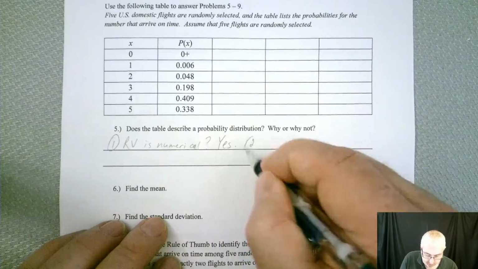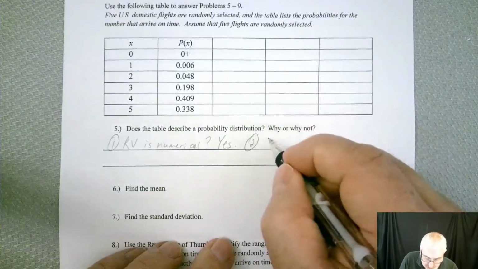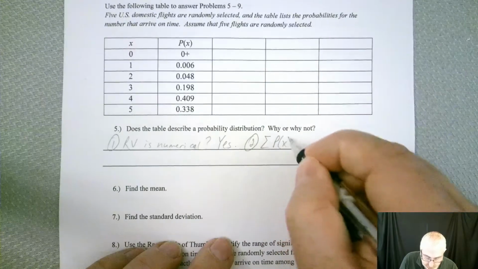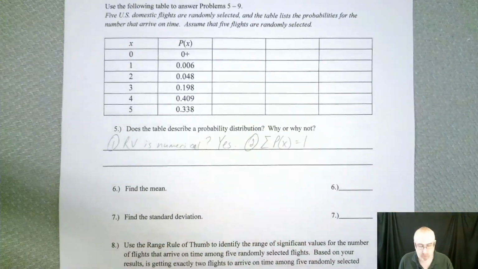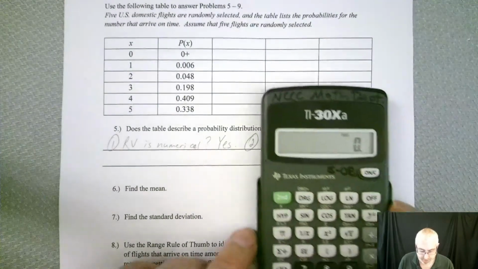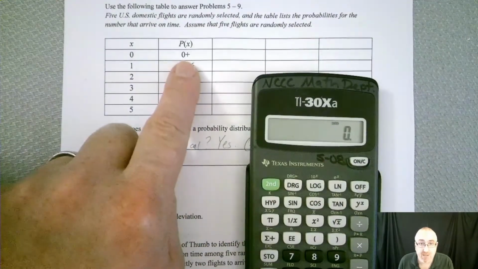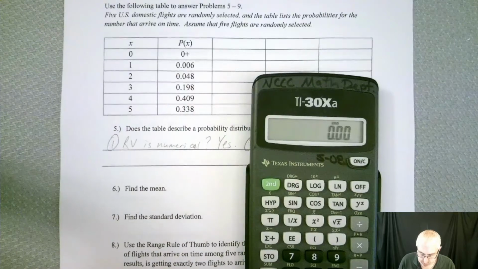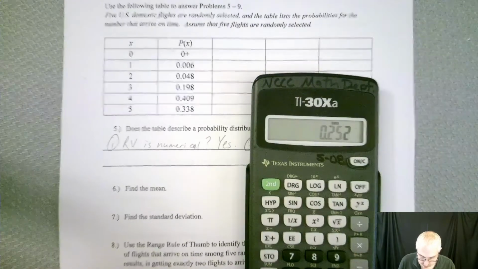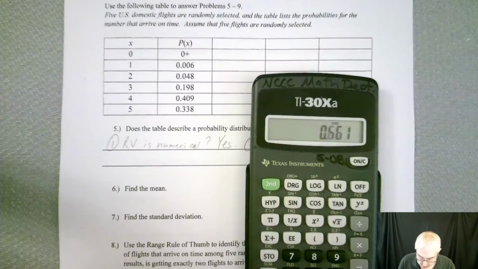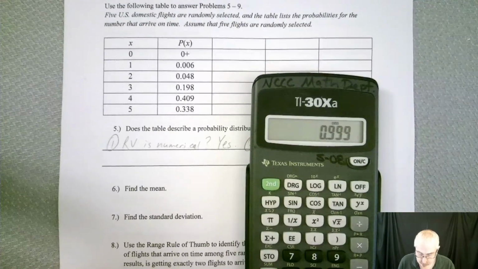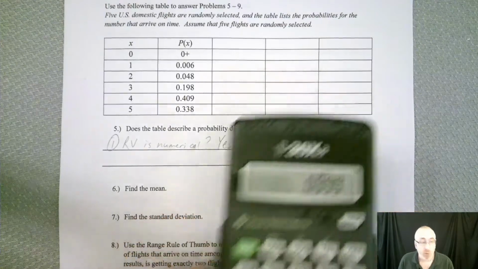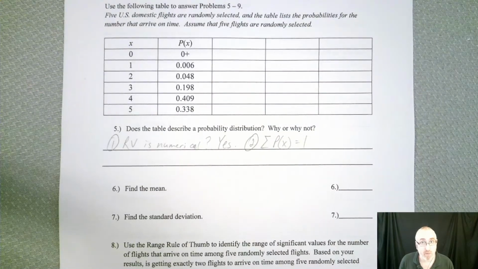What about the second condition? Remember, the second condition is that the sum of the probabilities equals 1. So I'm going to have to bust out the calculator for this one. Now remember, 0 doesn't contribute anything to the sum, so we can just skip that one. So 0.006 plus 0.048 plus 0.198 plus 0.409 plus 0.338 equals 0.999, which remember is good enough in this case.